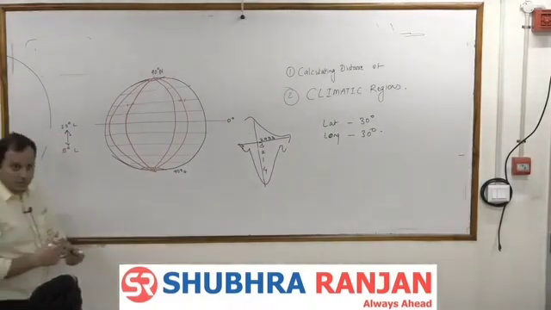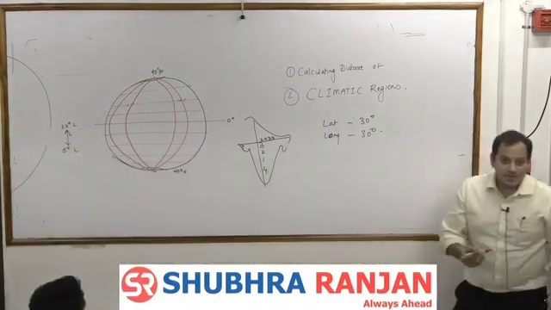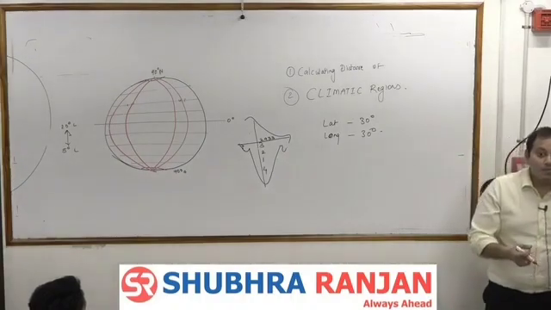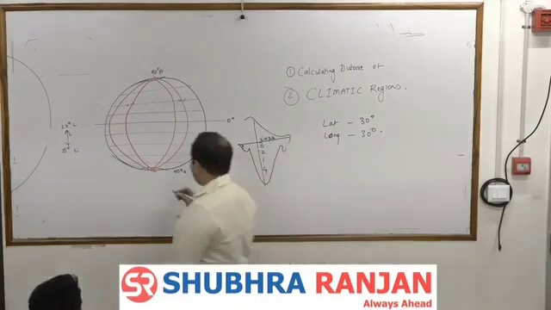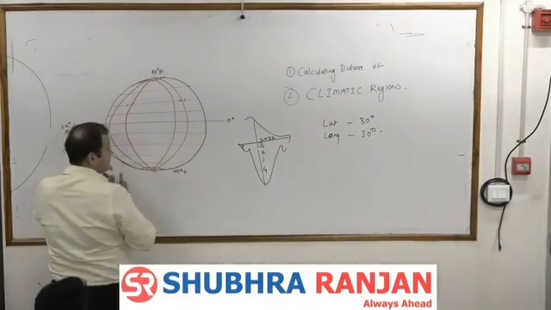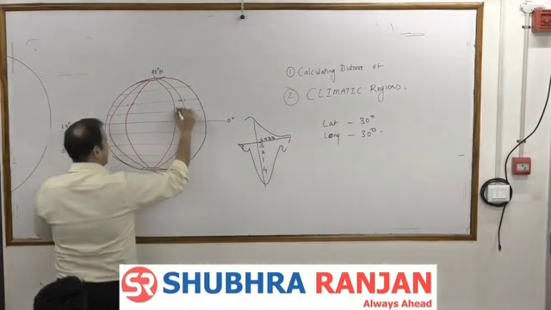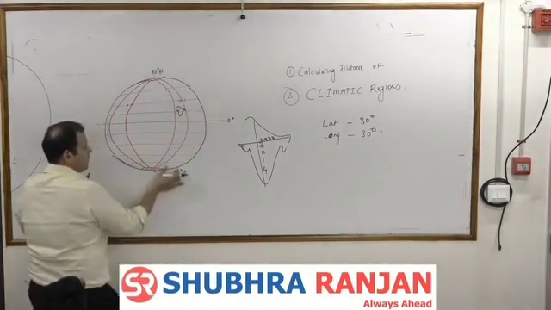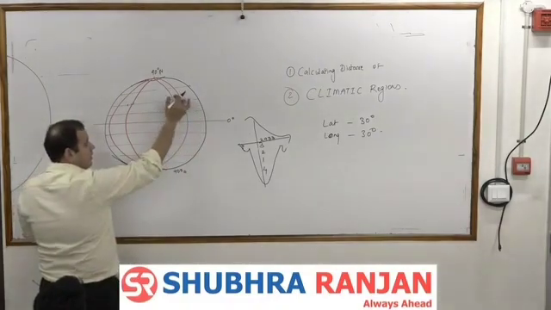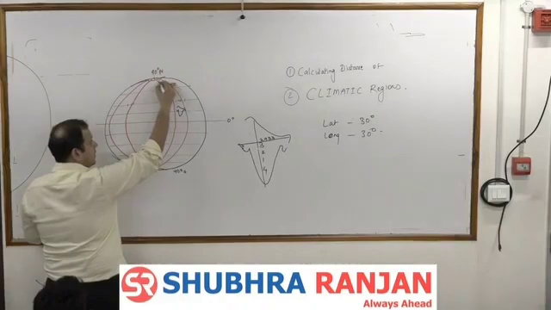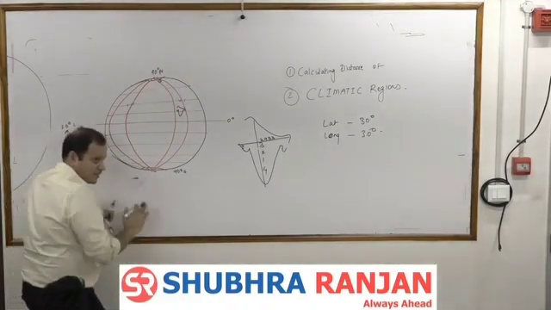Both the latitudinal and longitudinal extent are the same. Why is it so? Yeah, because India is located away from the equator. It is somewhere here India is located. And because India is located away from the equator, the distance between the longitudes is decreasing. If India were here, the difference between the longitudes would have been still lesser.